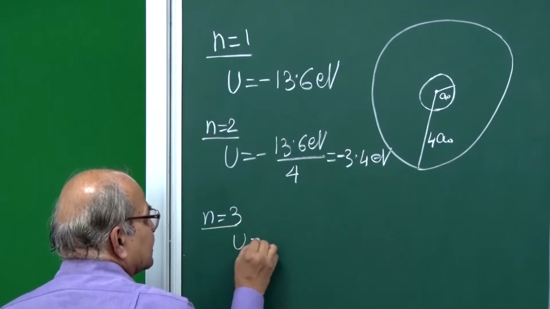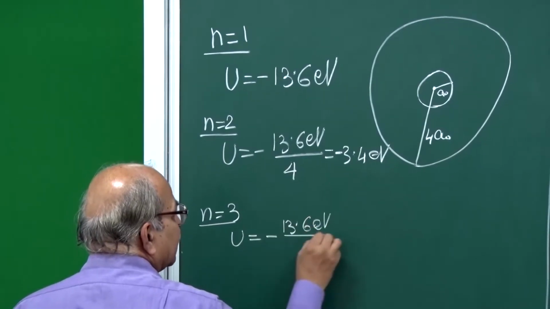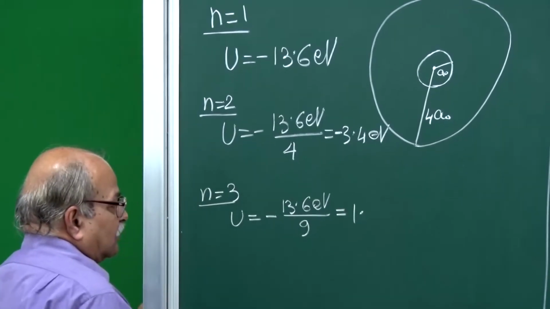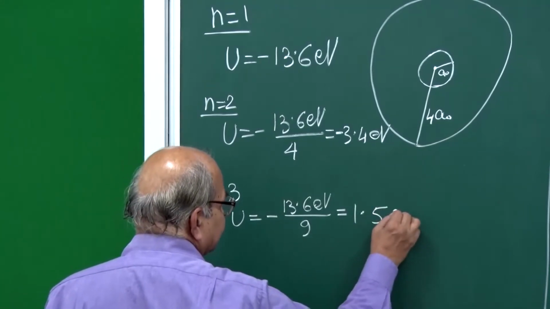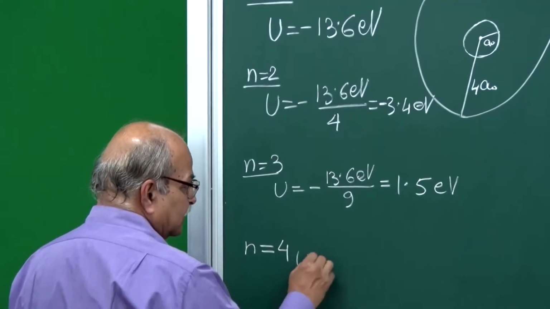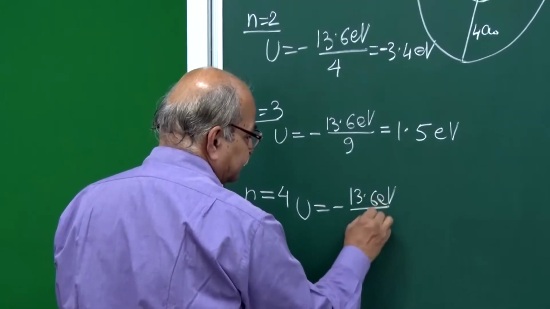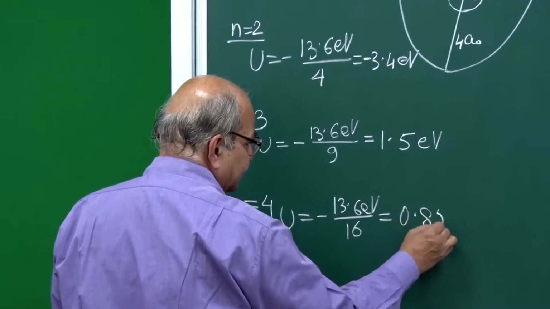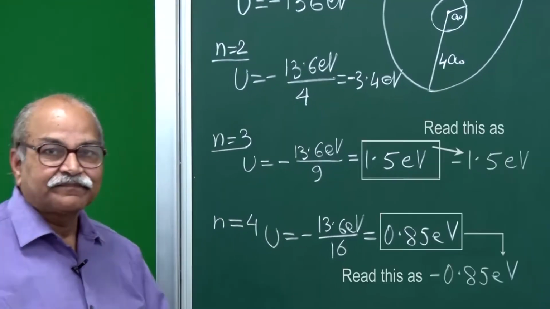The energy will be minus 13.6 eV divided by 9, approximately minus 1.5 eV. N is equal to 4, you will have U is minus 13.6 eV divided by 16, that is minus 0.85 eV, and so on. So this is how you can write all those energies.